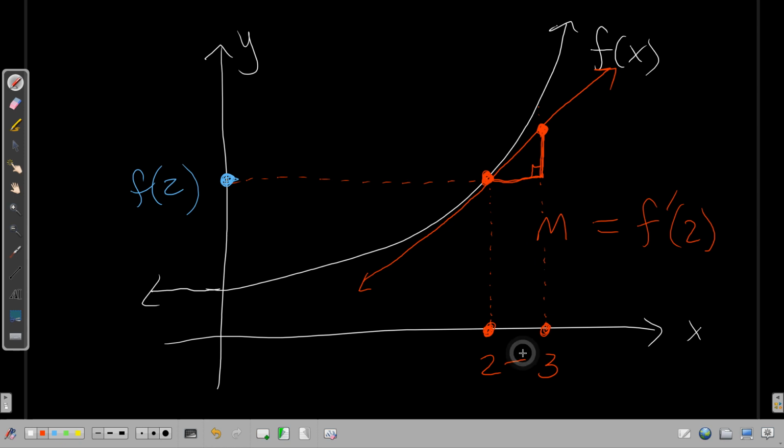Since all I did was move over by 1 to get to 3, that makes my run be 1. What would my rise be? Well, the slope of this line is m. It's f prime of 2. And slope must be rise over run.